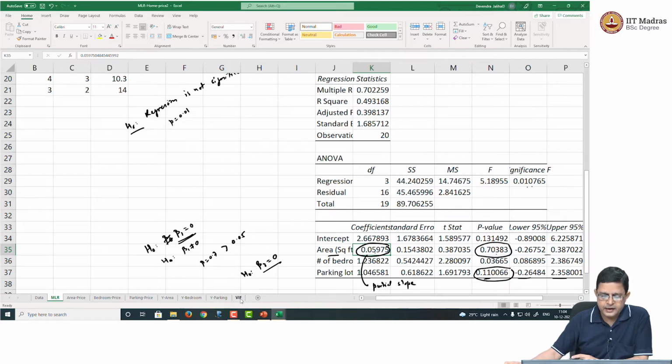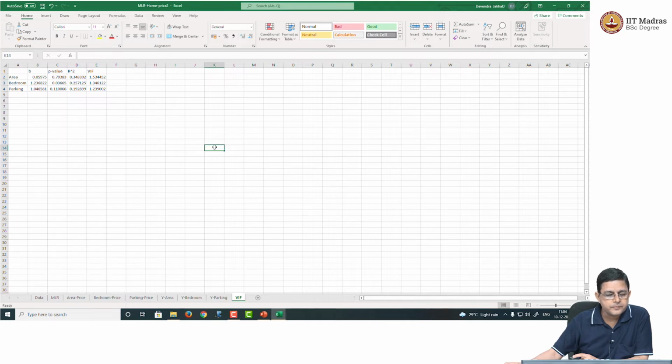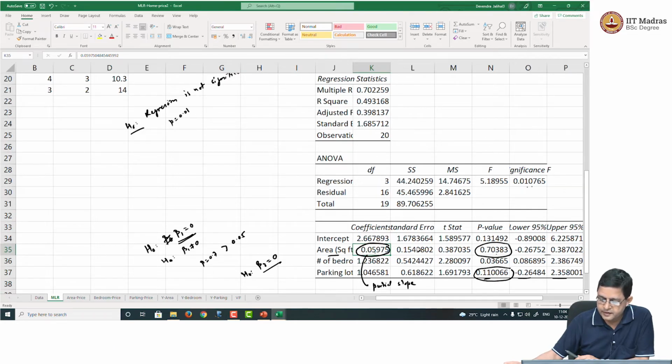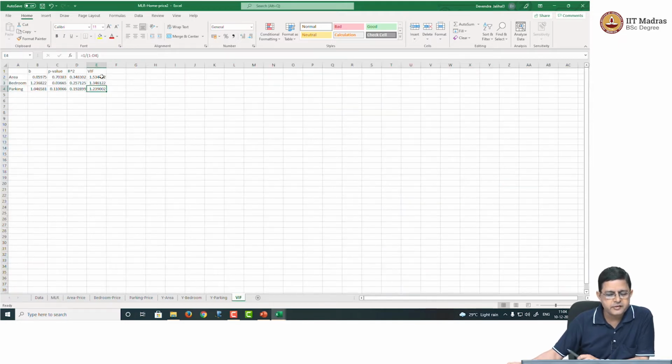If you calculate the variance inflation factor for each of these variables, it turns out to be 1.53, 1.34, 1.23, which means that the standard error estimation is getting inflated by some amount. However, we are still not able to say it is a lot.